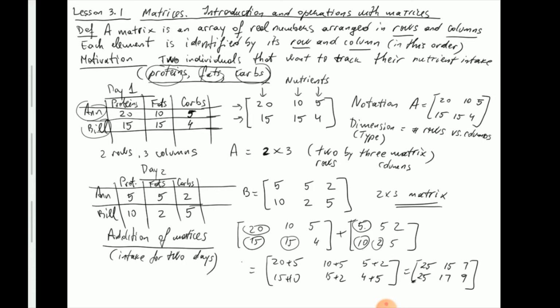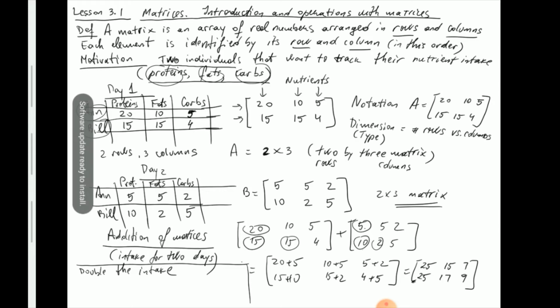So 25, 15, 7, 25, 17, 9. Here's an example of a matrix operation, which is matrix addition, to be defined on the second page. And let's squeeze in one more example, and then we'll abandon Anne and Bill and their food intake. Let's say both of them want to double the intake of all nutrients.